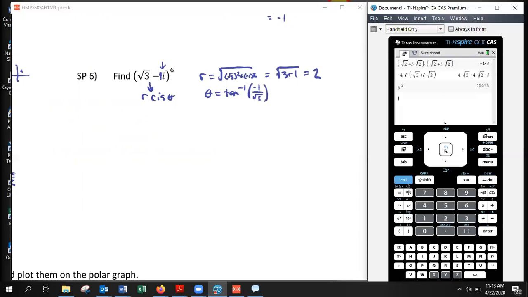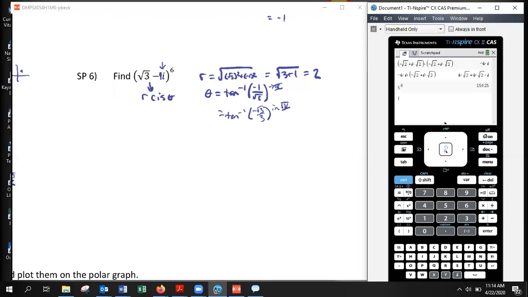Now, we usually see that as negative square root of 3 over 3, but the important thing is, what quadrant are we in? The x is positive, the y is negative, so we are in quadrant 4.